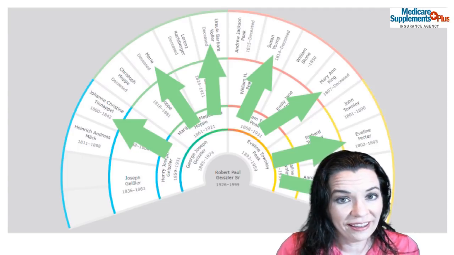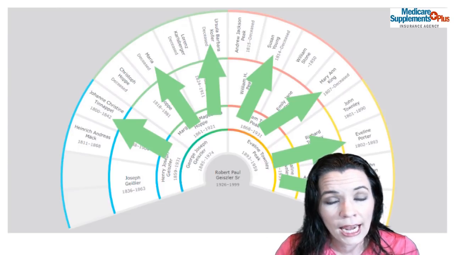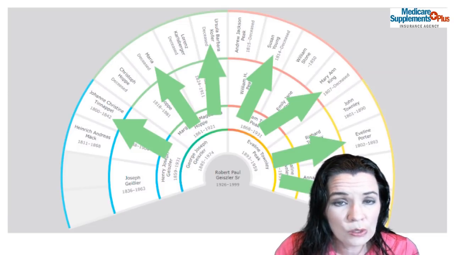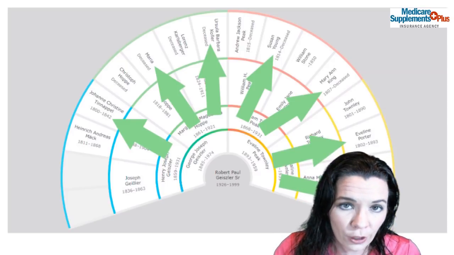Because I'm working in Family Search, it is a collaborative tree. And when I started creating my surname table, this King last name is a new to me individual that I know I need to go and research even further.